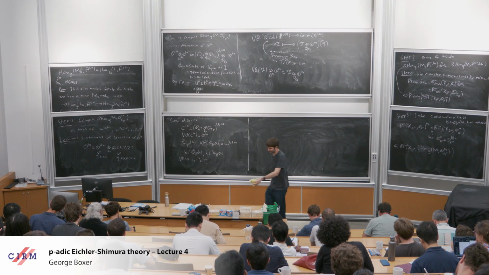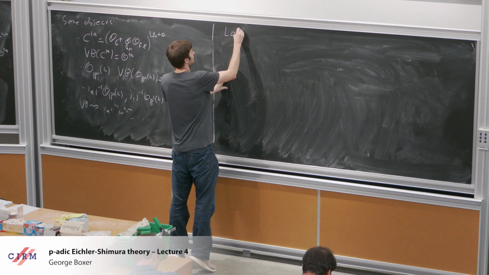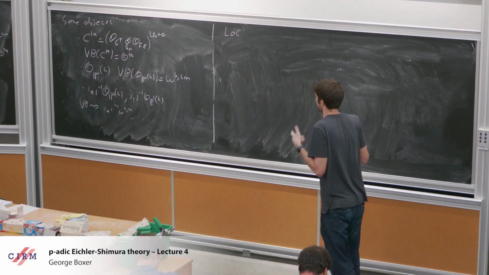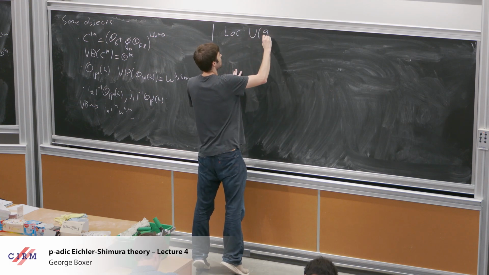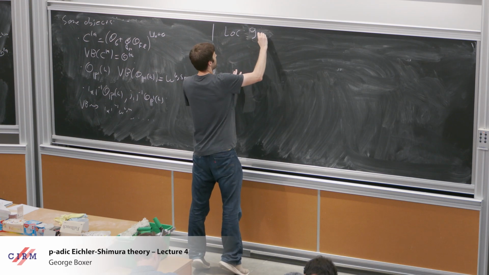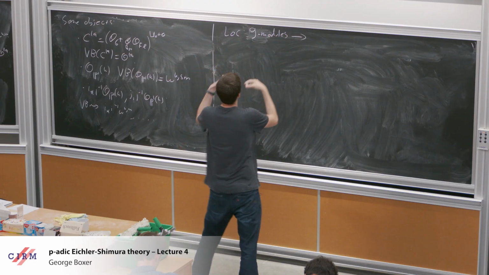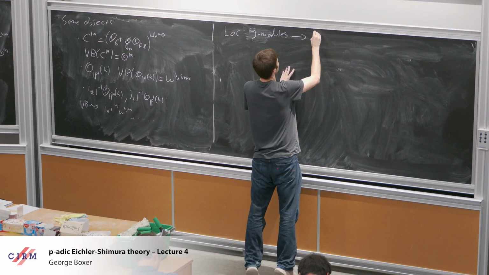And so there's a functor, which is some version of localization, which is going to go from, well, let's just write it as G modules to, well, this category of, whatever it is.